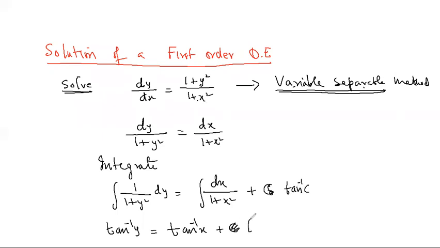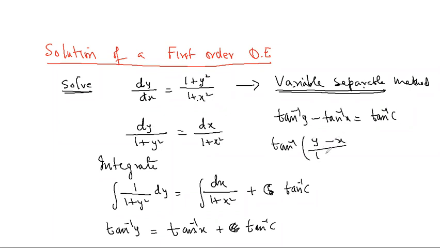You are not asked to do this, but just for your information. Then I will bring this to one side. Tan inverse y minus tan inverse of x is tan inverse of c. Now I can combine this as tan inverse of y minus x upon 1 plus xy. Do you agree with this?